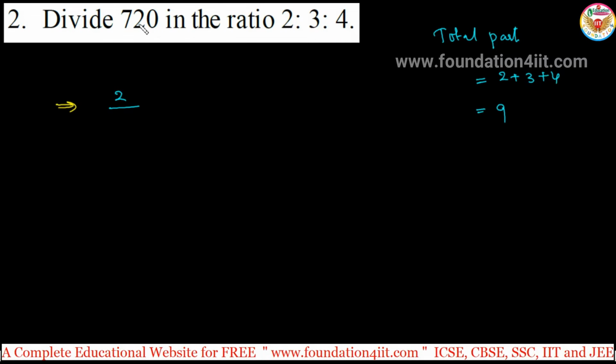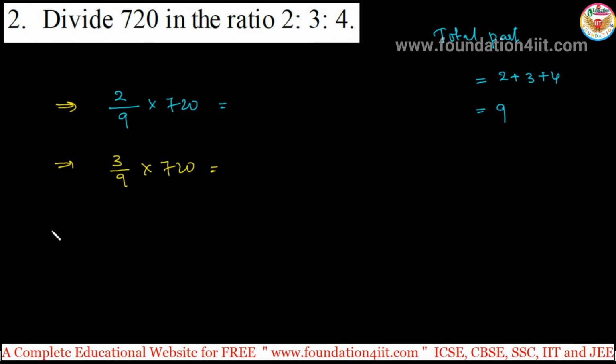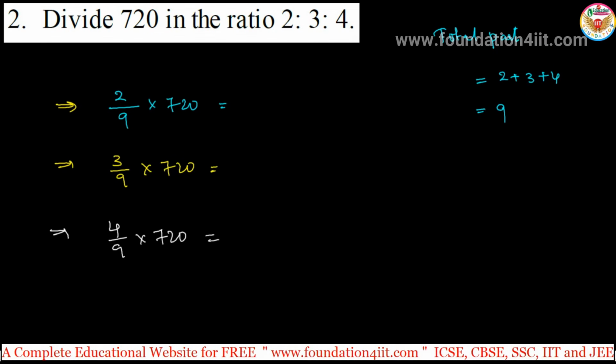So to divide 720 in the ratio 2 is to 3 is to 4, first part is 2 by 9 into 720. Next, the second part is 3 by 9 into 720. Again, the third part is 4 by 9 into 720. Just calculate and simplify, and you'll get the answer.